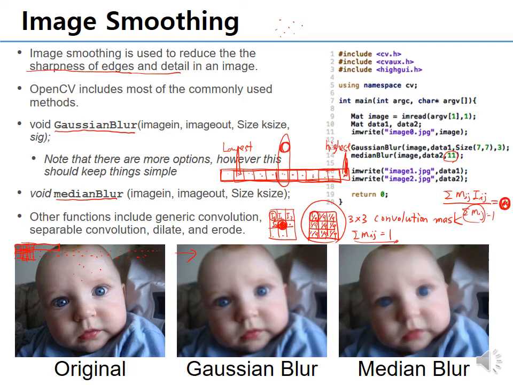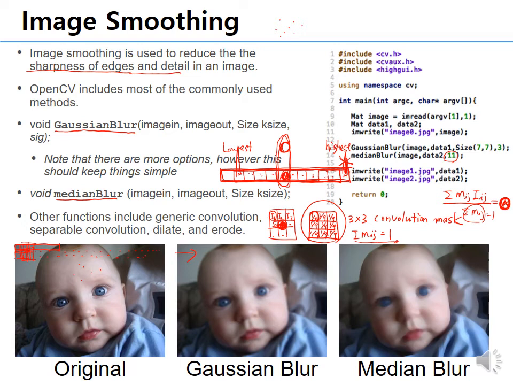By taking the median, the center value out of the 11 values, we can eliminate this kind of noise. So this is a median blur.